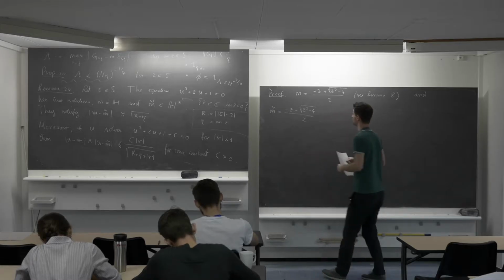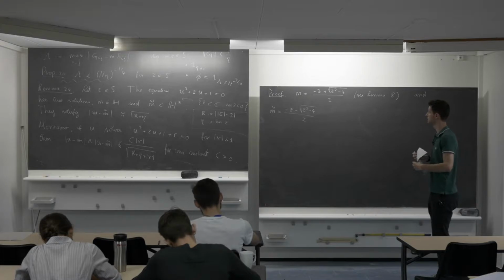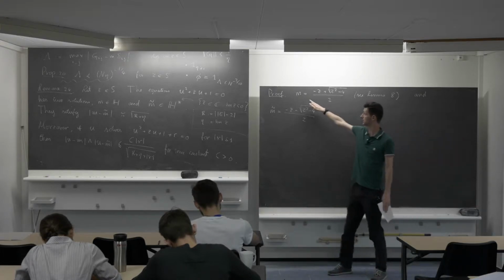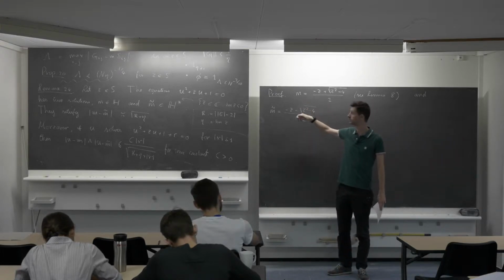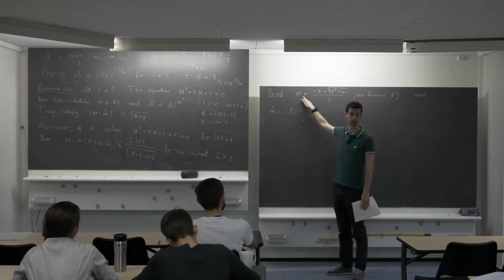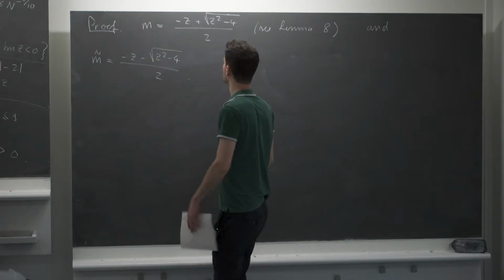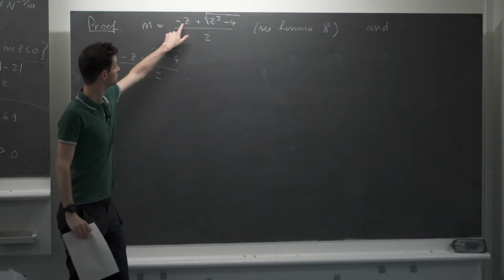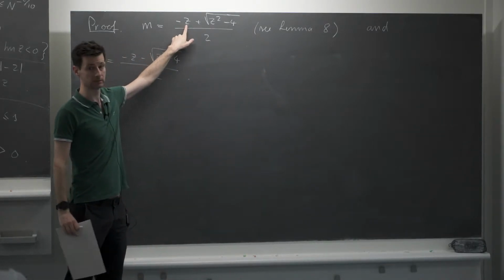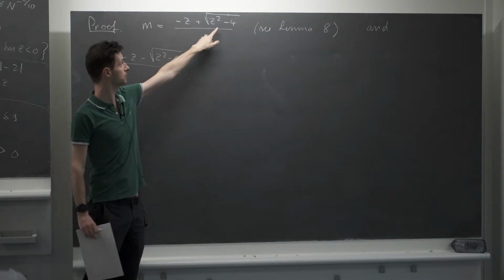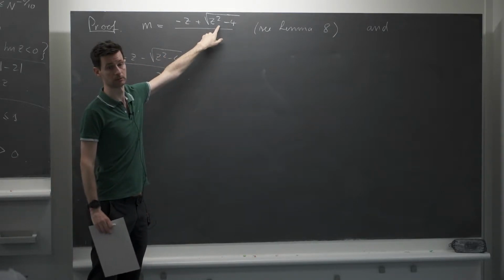So the first observation is we know already that m, because m is the Stieltjes transform of a probability measure, has positive imaginary part. This we know from Lemma 8. Minus z has negative imaginary part. That means that the square root must have positive imaginary part.